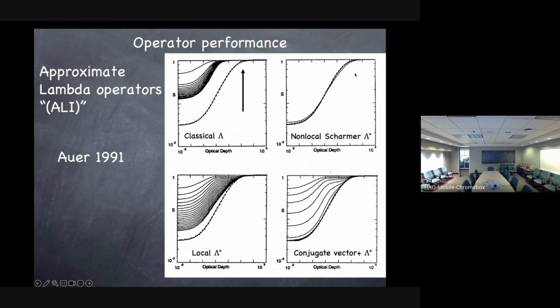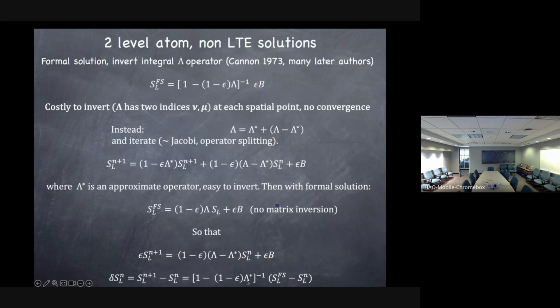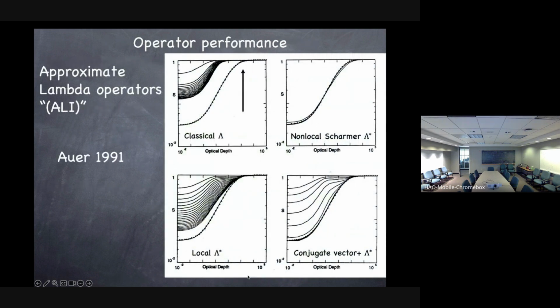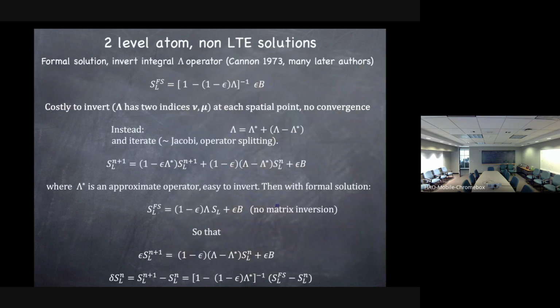Now, what Scharmer did was he basically looked at this operator, lambda star, and came up with some physics using Eddington-Barbier relations about non-local places. So lambda star contained information at different depths in the atmosphere in order to build a guess of what lambda star is.